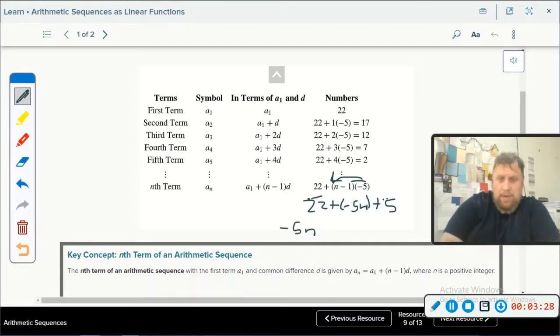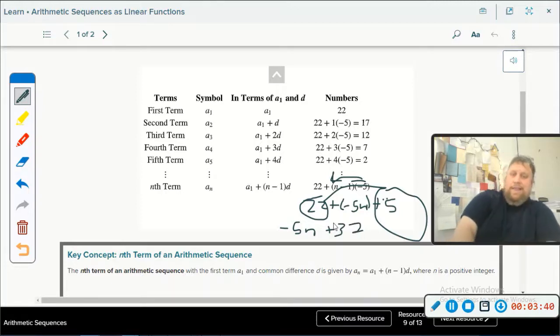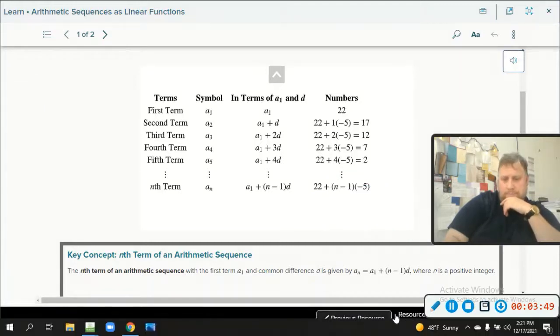And then I can combine my like terms of 22 and 5. And it's a plus 5, so what do I get? Plus 32. That is how we come up with an equation for a linear or an arithmetic sequence. All right, write that down. We're going to keep rolling.